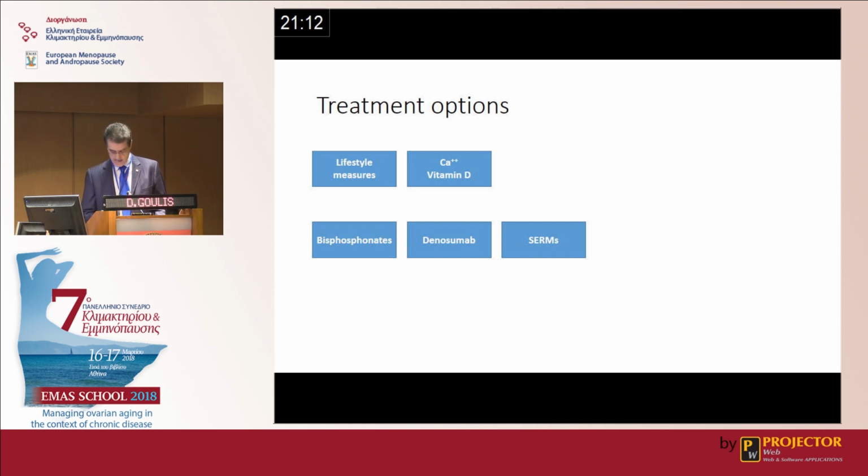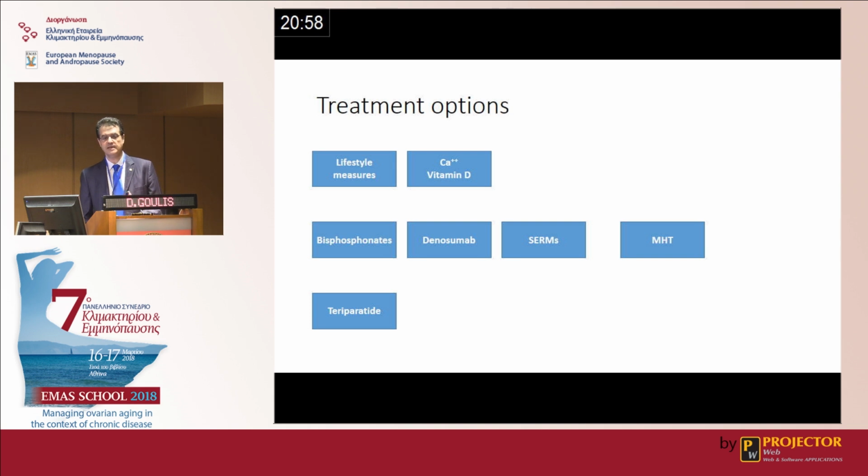With this, I would add the menopausal hormonal treatment, although it's not indicated for treating bone disease. It can be used in case we have a certain indication. And then we have teriparatide, the only osteoanabolic medication available up to now. So, three lines of treatment.